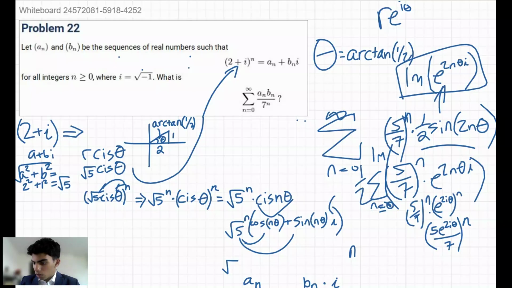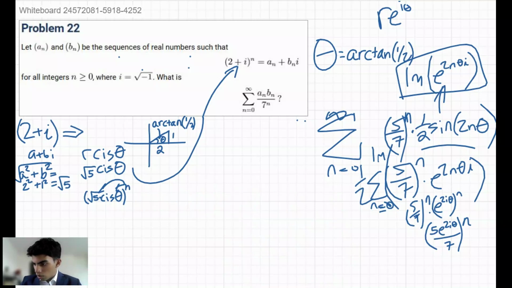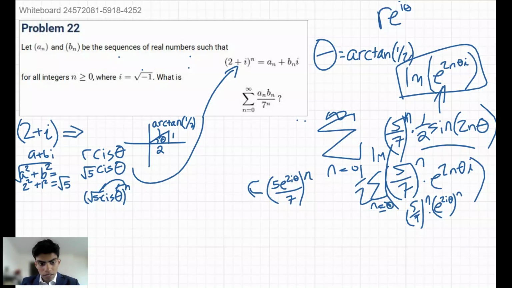All right. Well, now I can delete all of this stuff. So let's do that, and let's move this over there. Okay. So from here, we can use our geometric series sum formula.